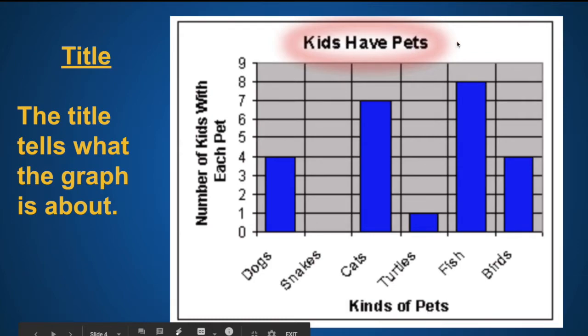The important thing though is that this title gives us an idea about what we're going to learn from the graph. It's not "dogs are cool." You want to make sure your title matches the information in the graph and helps the person looking at it understand what they're looking at.